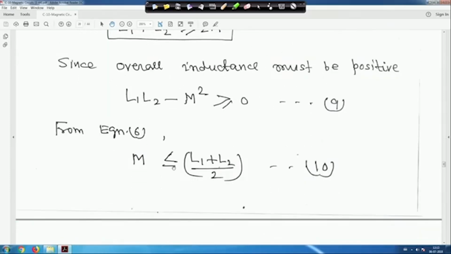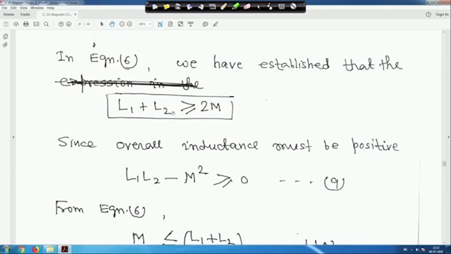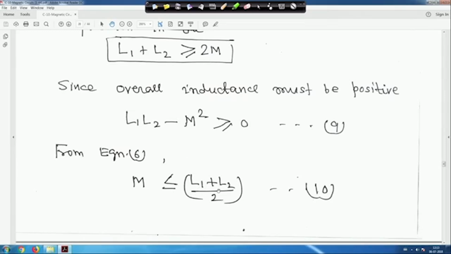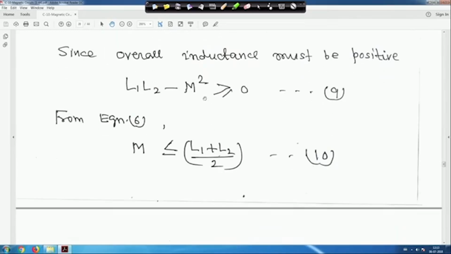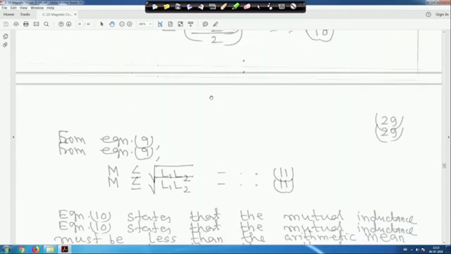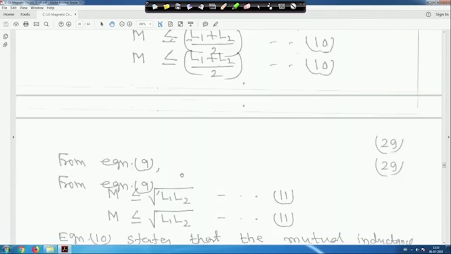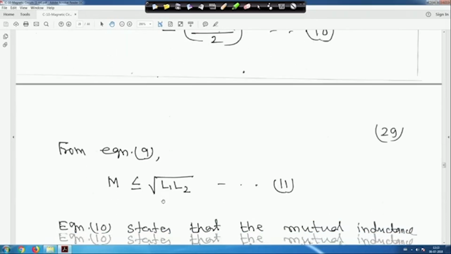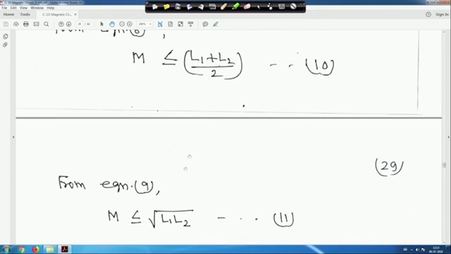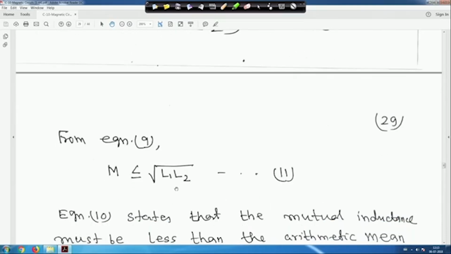So, from this equation m is less than or equal to (L1 plus L2) by 2, and from this equation m is less than or equal to root over L1 L2. This is the arithmetic mean and this is the geometric mean. The geometric mean is always less than the arithmetic mean, so this is the value we have to take.